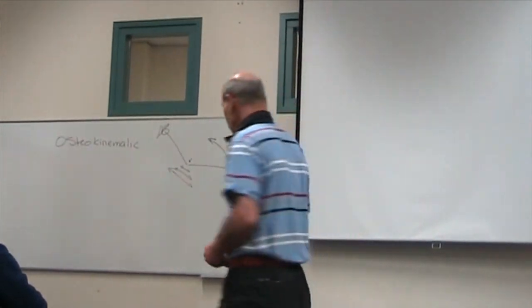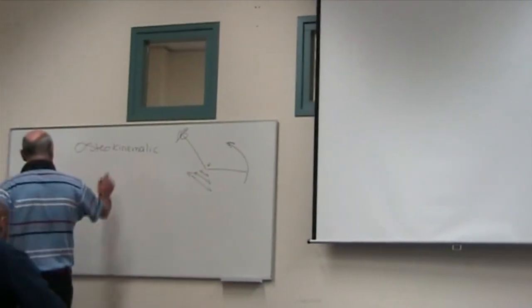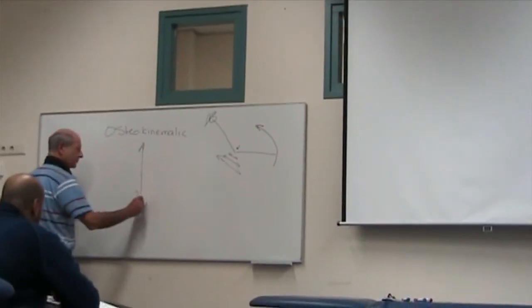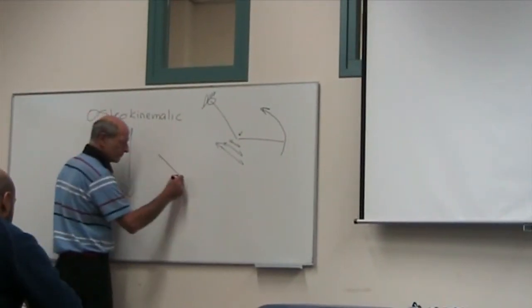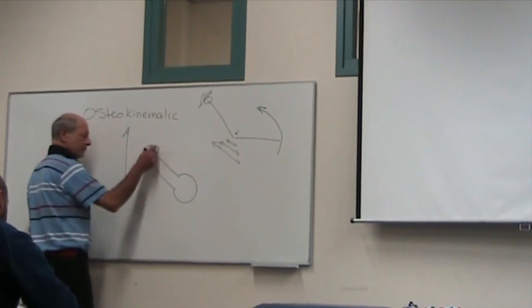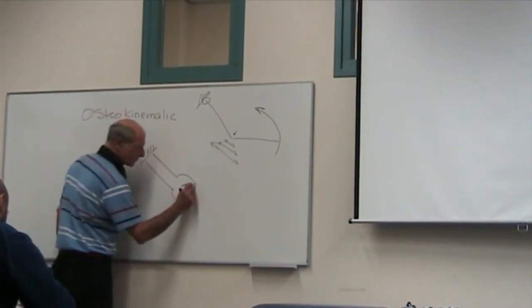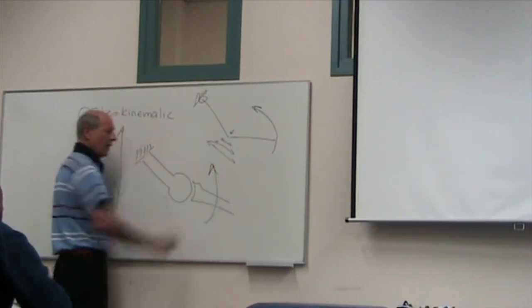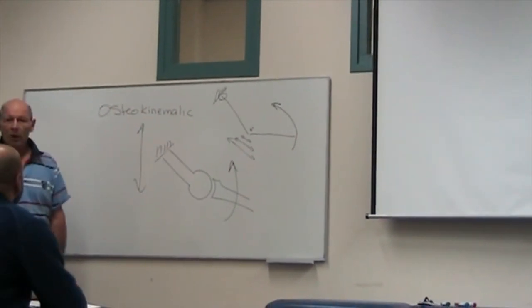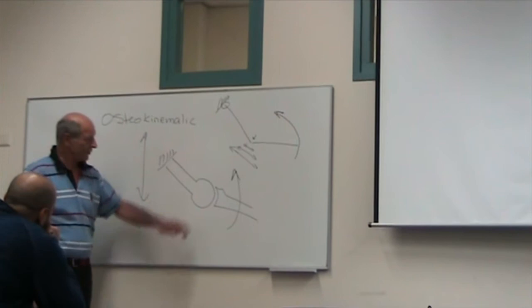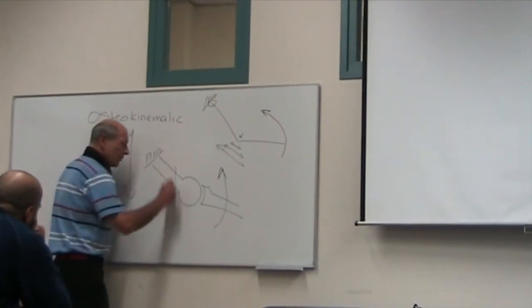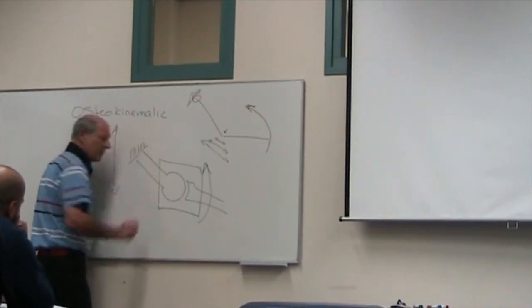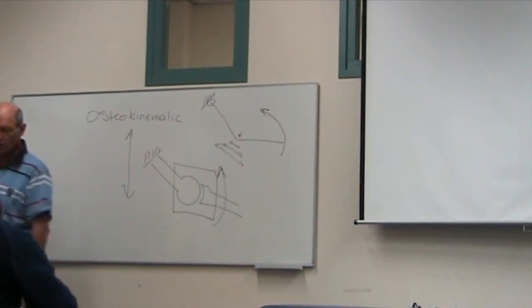Yeah? If you compare that with arthrokinetic movements, and for example, you make a flexion movement in the knee or wherever else, then we are very curious about what's happening inside the joint.